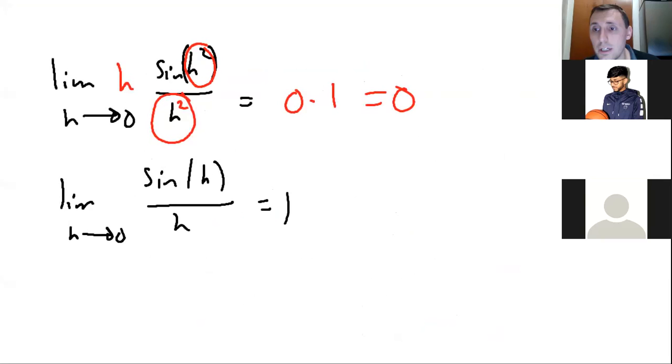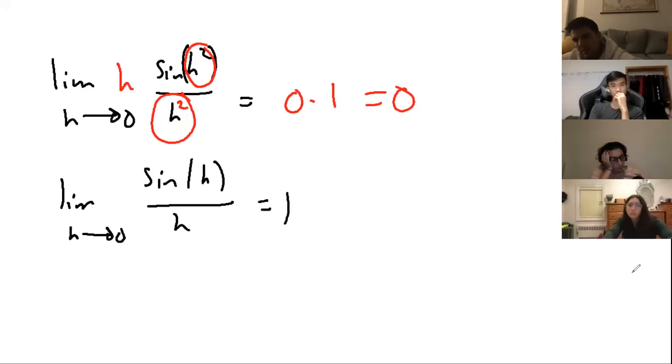That's incorrect. I should not have been saying h. What it means is sine of a very small number, a number that diminishes to 0, divided by the same number, will result in 1. You understand? H is just a way to communicate it. I'm saying sine of a vanishingly small number divided by the vanishingly small number is 1. Clear?